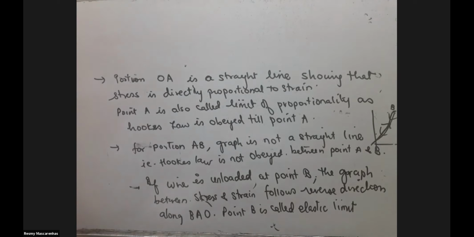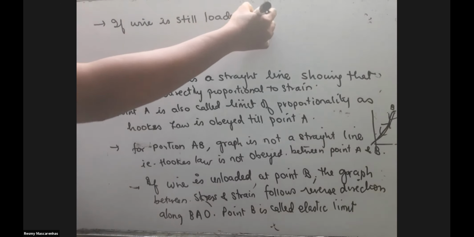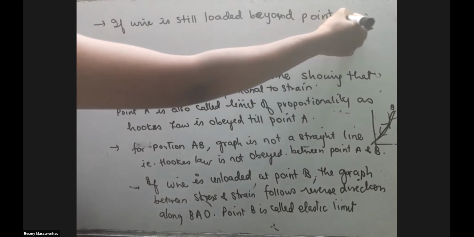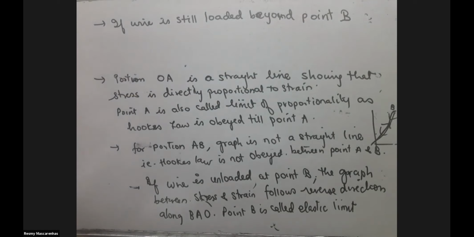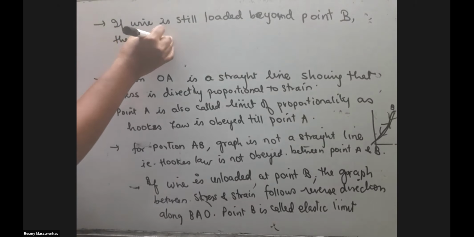Now what if you remove the load at point B? It comes back. Now what if you keep on increasing even after you reach B, and the wire is still loaded beyond point B? The strain increases faster than stress.